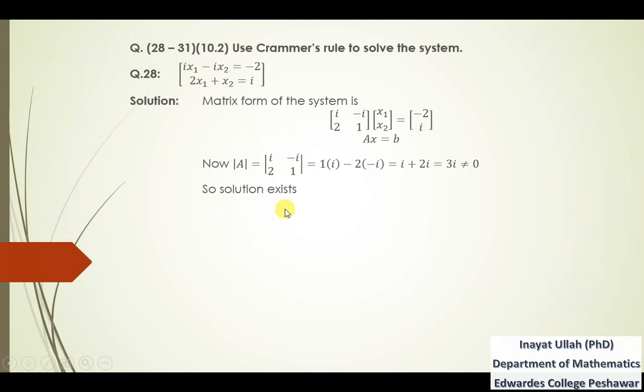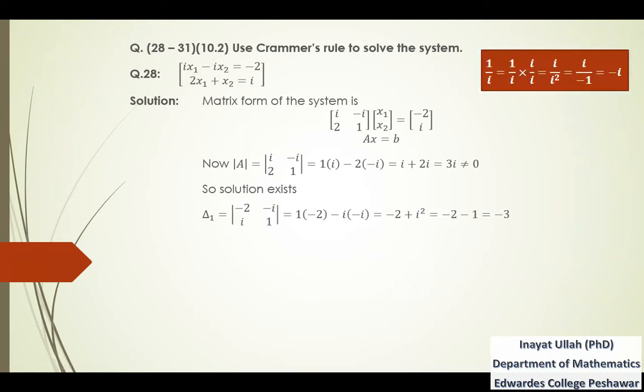Now for Cramer's rule we need delta 1. Delta 1 is the determinant obtained by replacing the first column with b. So we have replaced the first column with minus 2 and iota, and the second column remains the same.